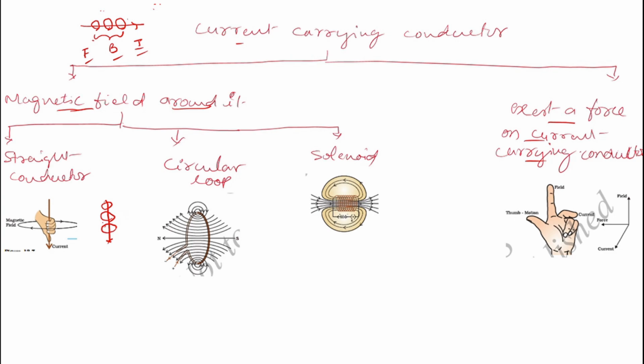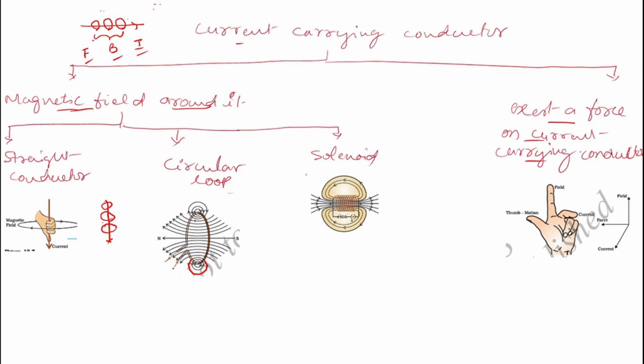Okay, so next one is the circular loop. Just you see here, whenever there is a bend, that behaves like a magnet. Just you see, magnetic lines are emerging from this side and entering from this side.